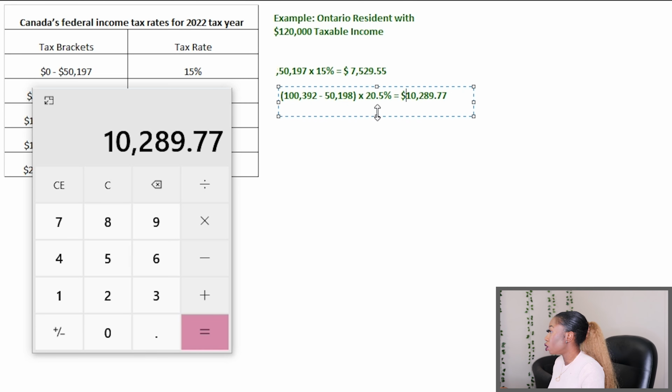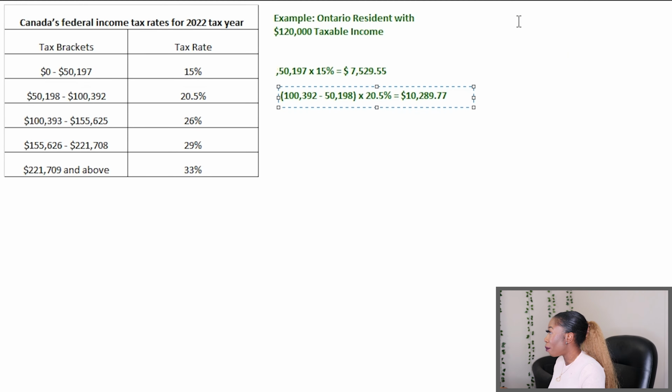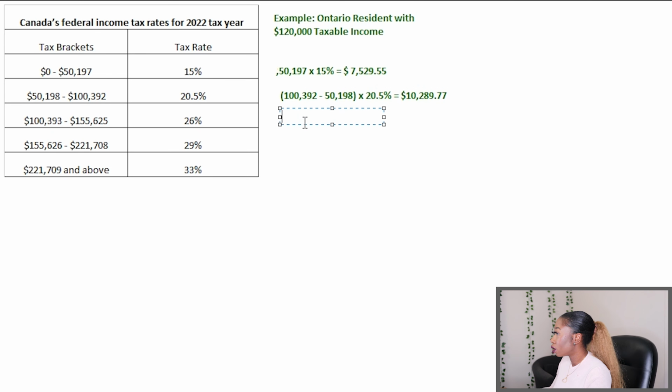That would be the next taxes that this guy will be taxed on. Okay, so now the rest of the amount, which is 120,000, falls into this tax bracket, and now we are going to be taking 120,000 minus the lower tax limit of this bracket, which would be 100,393, multiplied by 26%.